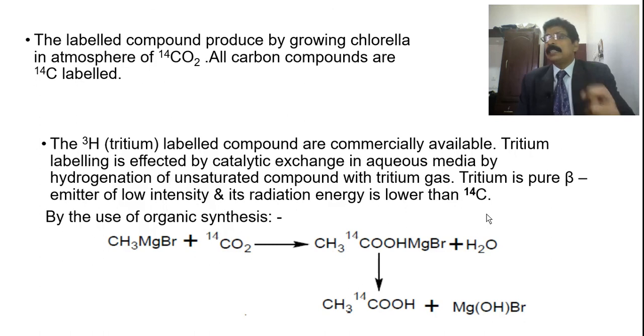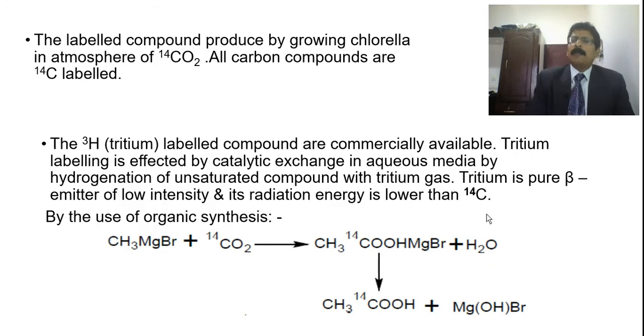A simple reaction is shown below to explain how carbon dioxide can label a molecule. This is just a chemical reaction. What do you mean by CH3MgBr? I hope you know it is a Grignard reagent, which you might have studied. When the Grignard reagent is added to carbon dioxide 14, what happens?